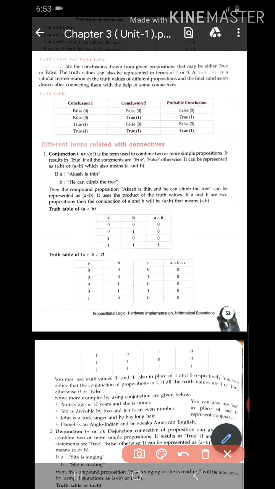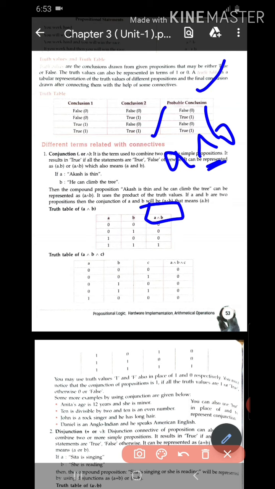I told you earlier that if we write in this format, A and B, this is the symbol which combines A and B together.